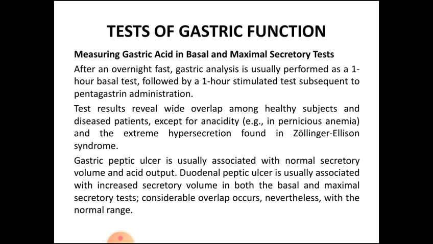Gastric peptic ulcer is usually associated with normal secretory volume and acid output. Duodenal peptic ulcer is usually associated with increased secretory volume in both the basal and maximum secretory test. Considerable overlap nevertheless occurs with the normal range.